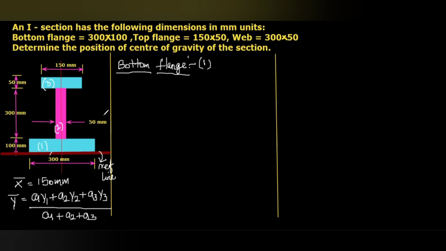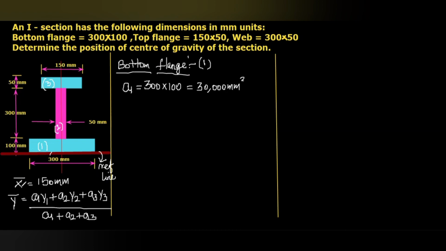Here you can see the area of the rectangle equals the linear dimension multiplied with the vertical dimension. Here this one is 300 and the vertical value is 100. So 300 multiplied with 100 will be 30,000 mm square.